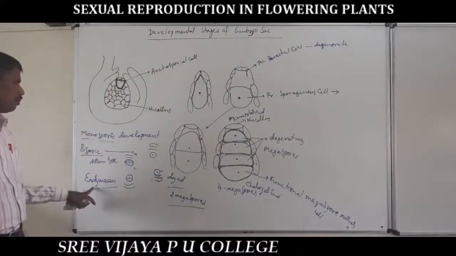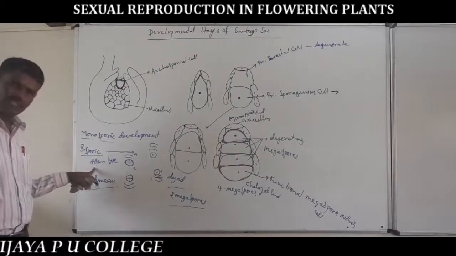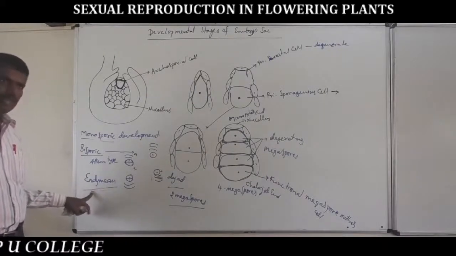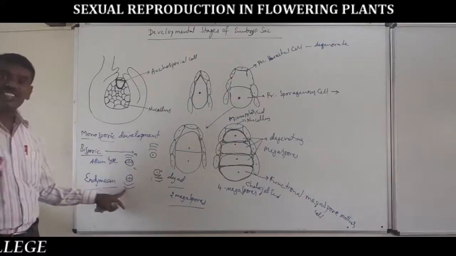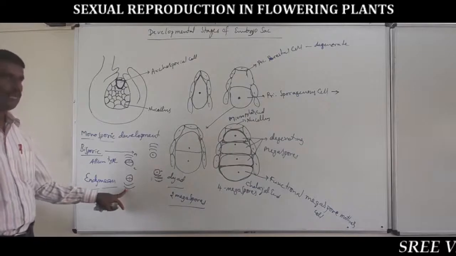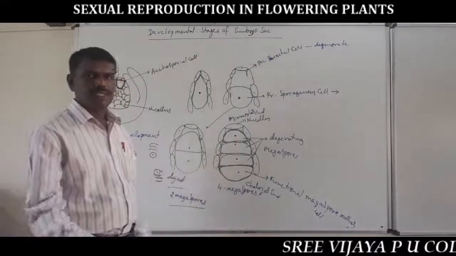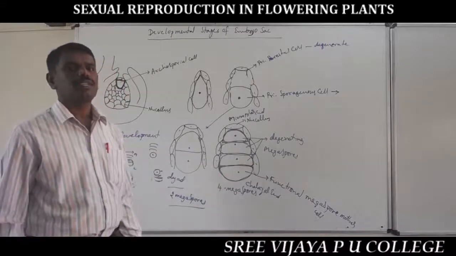So this type of embryo sac development is called bisporic, otherwise oleum or endymion type, depending upon which side the cells are present, either chalazal or micropylar. The two cells provide for complete production of the embryo sac.